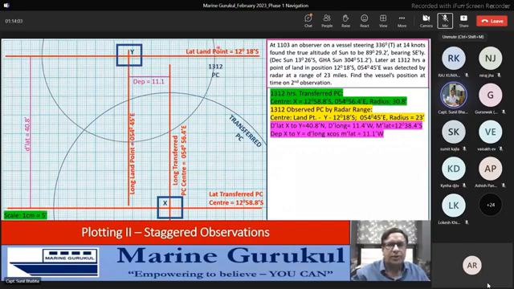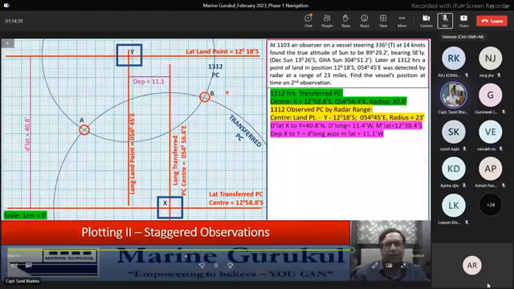This is the 1312 position circle, and this is the 1312 transferred position circle. These two position circles are intersecting at this point here, which we can call A, and it's also intersecting at this point, which we can call B. That means in this case, the vessel could be either at position A or position B.